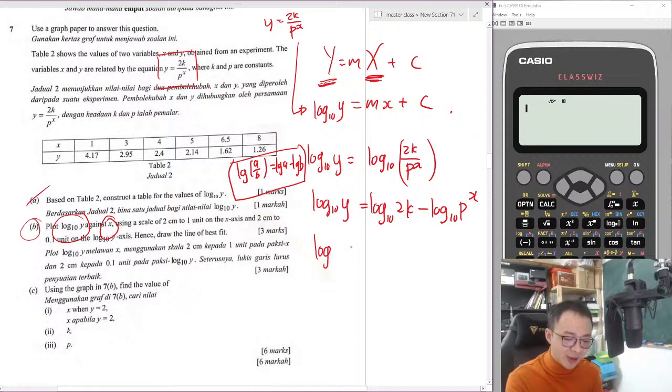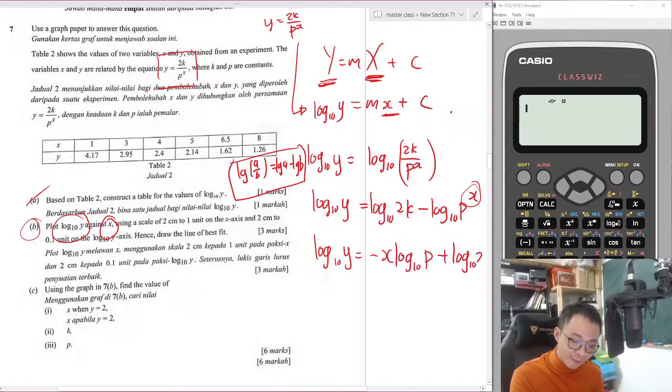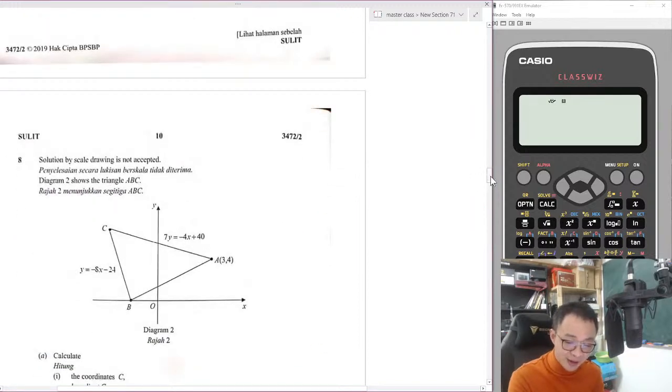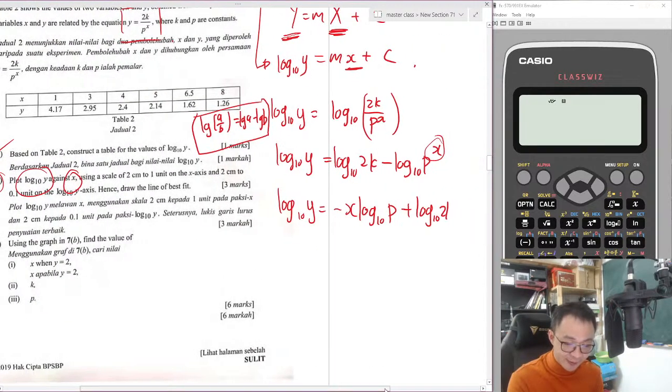Alright, then I almost got it, but I want to have mx. But my x right now is a power, so I want to bring the power to the front. I can always do that because with log we can always bring the power to the front, right? However, I do not want my x at the back here. I want x at this position. I want to have my m first.